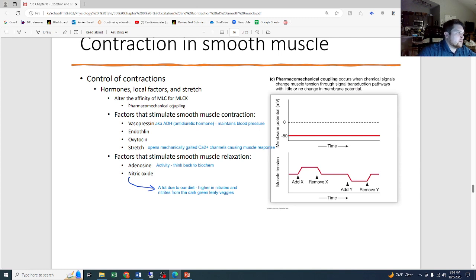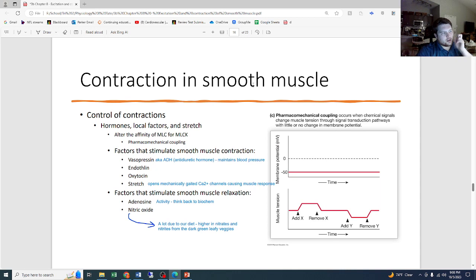That's what pharmacomechanical coupling is referring to, where we have the pharmacologic side of things, including the hormones, local factors, stretch, as well as even medications that can mess with this kind of stuff. Fake hormones, fake local factors, or lab processed.